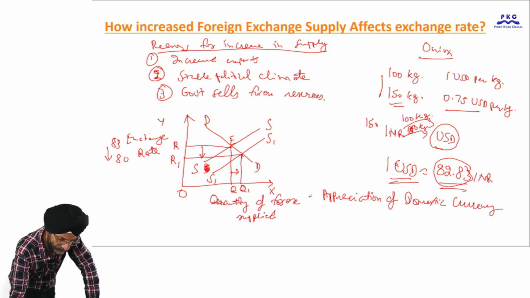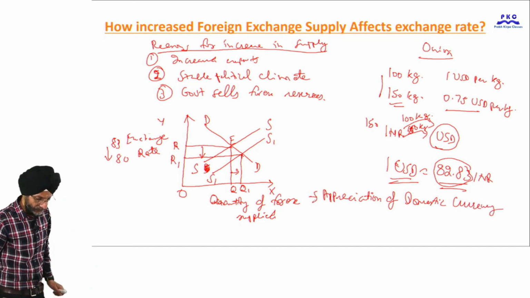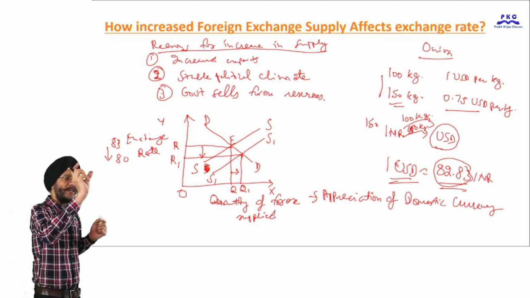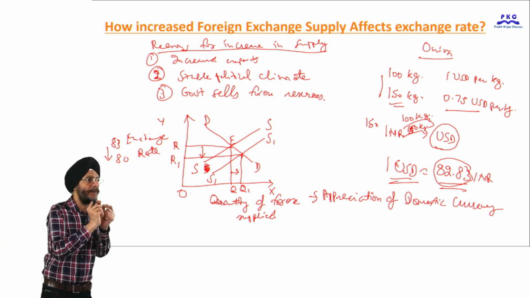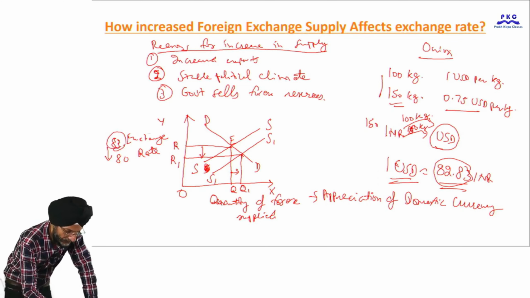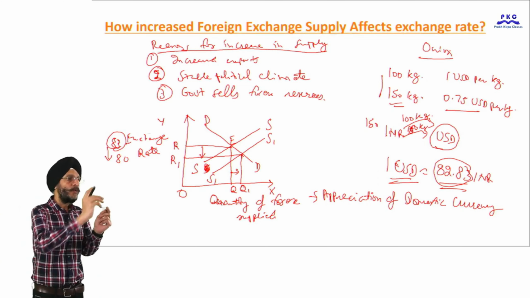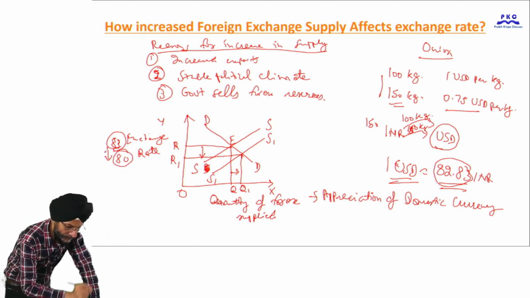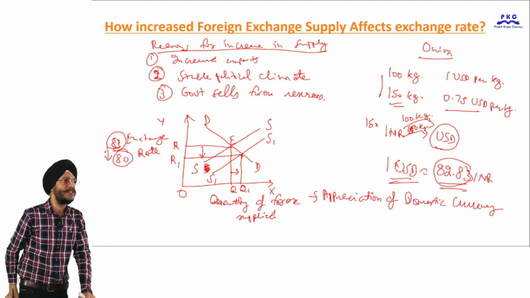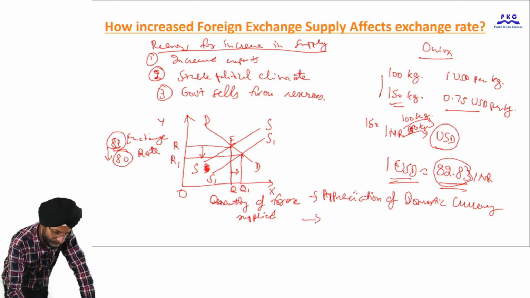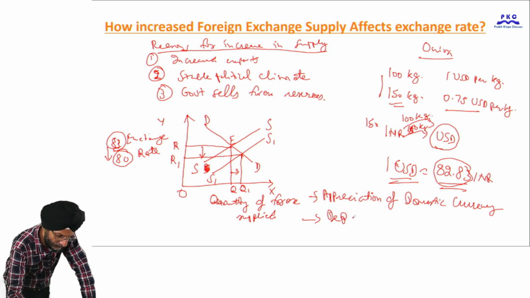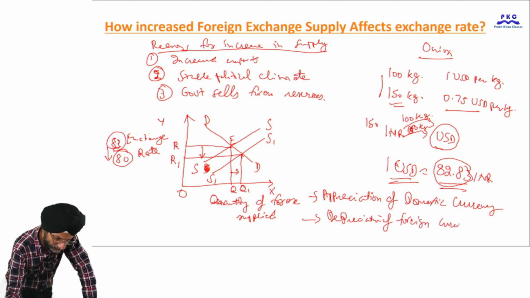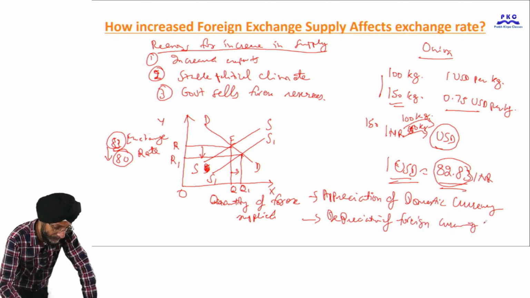How has it happened? Earlier, to get $1 we were paying 83 rupees. But now to get $1 we have to pay only 80 rupees. So it is appreciation of domestic currency. It also means depreciation of foreign currency. How depreciation of foreign currency?